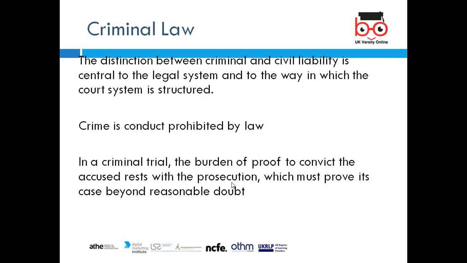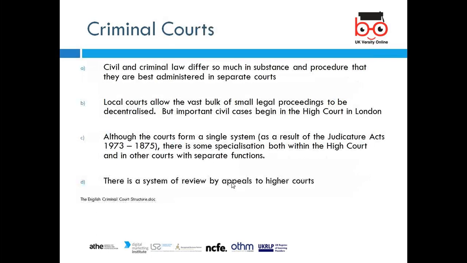Criminal law: the distinction between criminal and civil liability is central to the legal system, and to the way the court is constructed. A crime is prohibited by the law. You're not supposed to do something. In a criminal trial, the burden of proof, and then conviction. That's all you need to know about the criminal court.